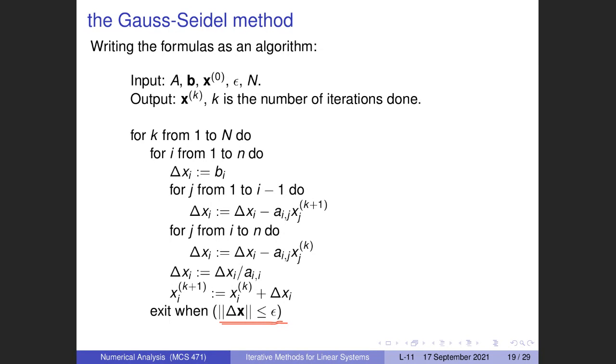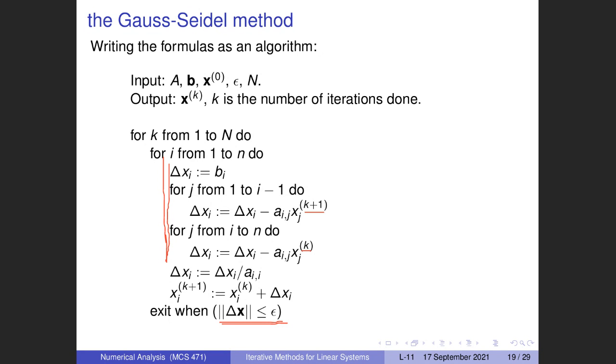Here we essentially rewrite the update formulas, initializing with the right-hand side. So that's one initialization of vectors. Then we have the first update, where we already use the new values. And then we have the second loop.